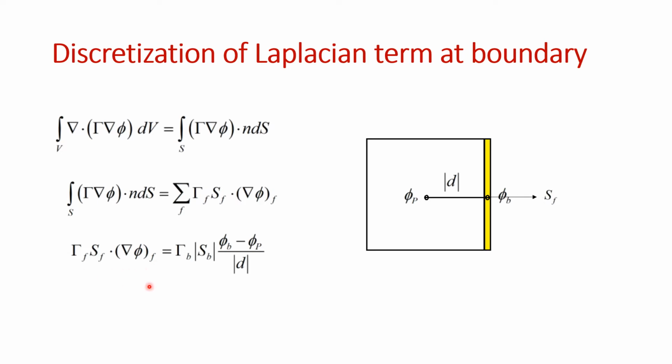So f will become b, and grad phi f, when opened, will be phi b minus phi p, the nearest cell center value, divided by the distance between them, and Sf will become magnitude Sb. This is how the discretization is done.